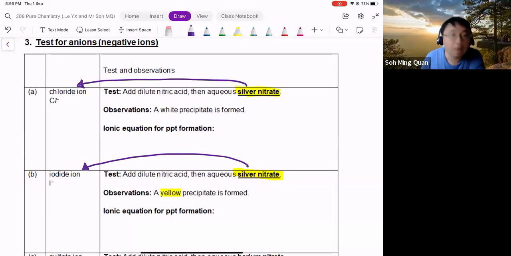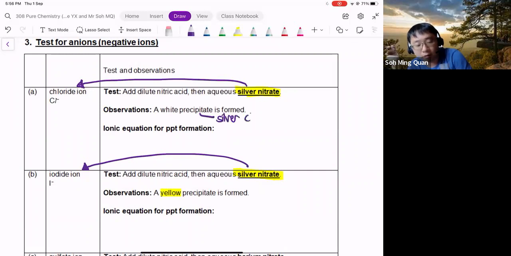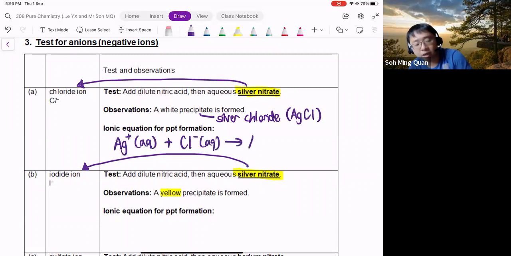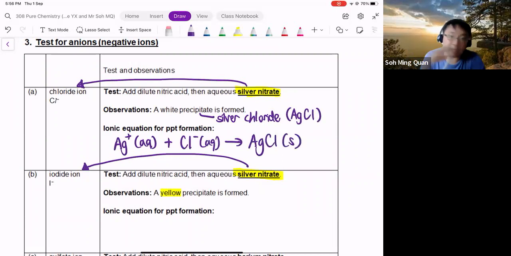Now, if it's chloride, what would you see? You will see a white precipitate formed. What is this white precipitate? It is silver chloride. Now, silver chloride is Ag plus, Cl minus, so it's AgCl. So I think Mr. Lee went through this that day. Okay. Now, silver chloride, AgCl, is a white solid precipitate.